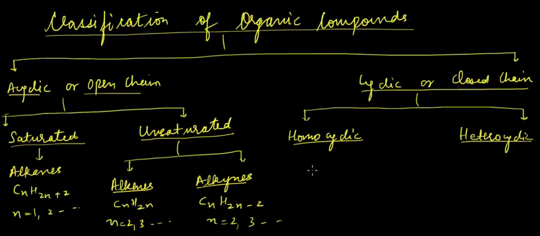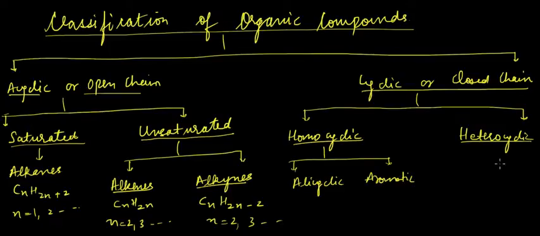For homocyclic, again we can divide it into two categories, namely alicyclic and aromatic, and the same will go for heterocyclic as well. Divide it into alicyclic and aromatic. Okay.